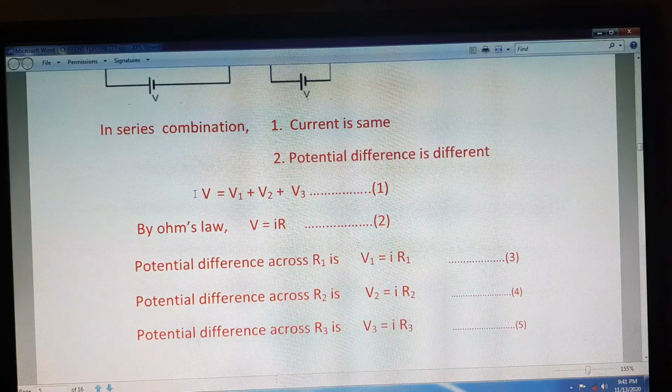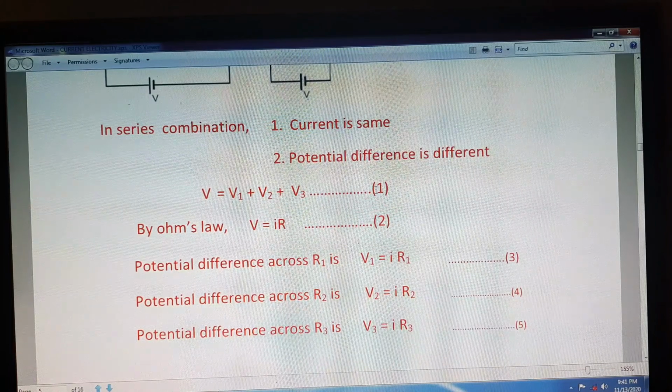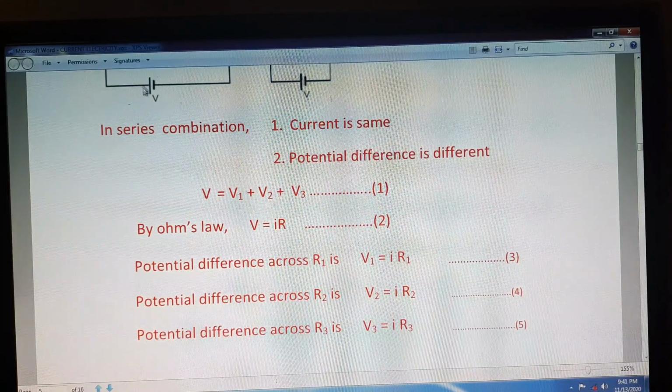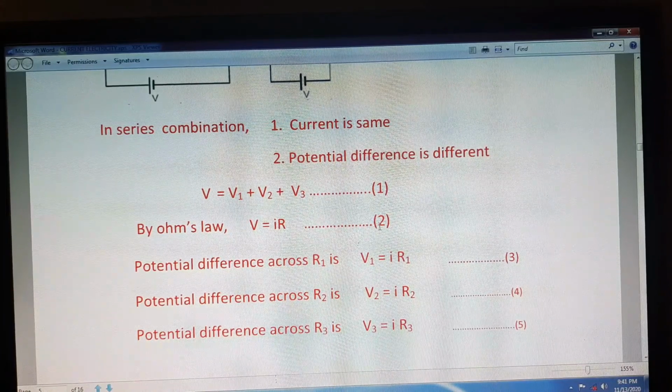According to the law of conservation of energy, V is equal to V1 plus V2 plus V3. This is equation number 1. By Ohm's law, the total voltage V is equal to IR. This is equation number 2.